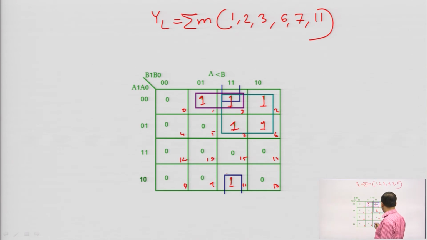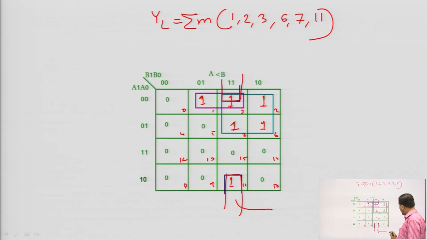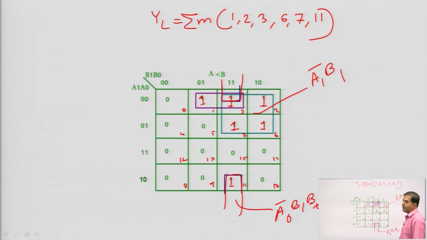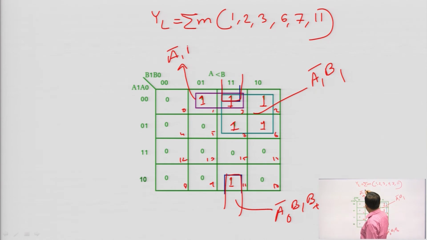So, the first grouping will be between these two. Okay. This is nothing but A0 bar B1 B0. Okay. We are also getting one quad, this quad is nothing but A1 bar B1, and these two combined will be A1 bar, A0 bar and B0.